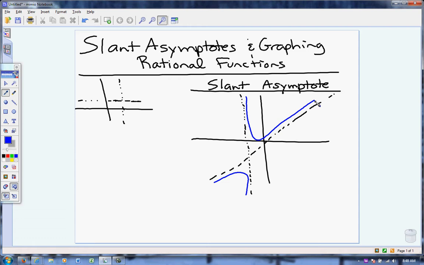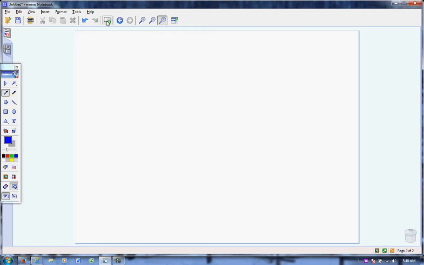Now there is a specific situation where these show up. They don't just show up on any old rational function. A slant asymptote, we'll start here with a note.